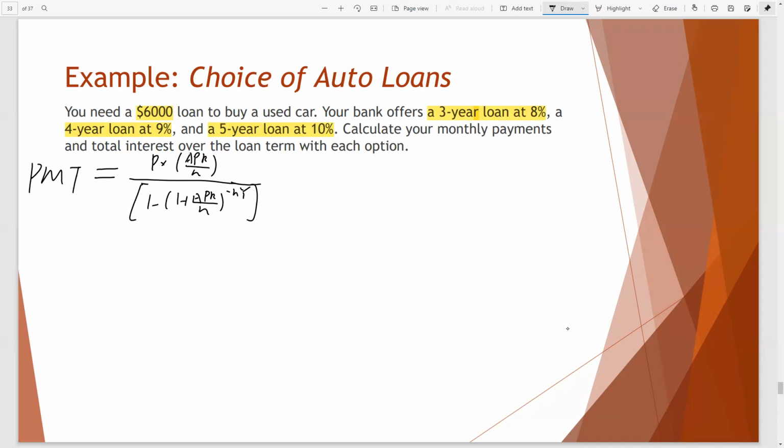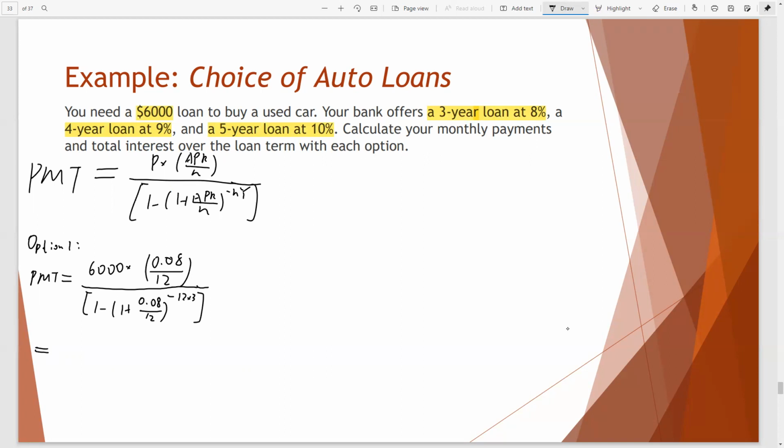The first option: the payment is 6,000 times 8% over 12, for 3 years, so 36 payments in total.